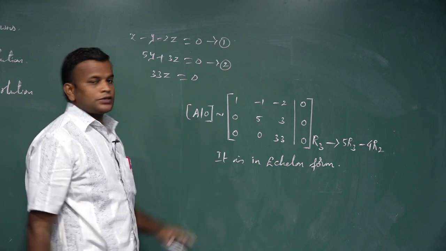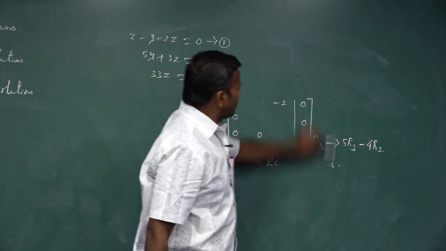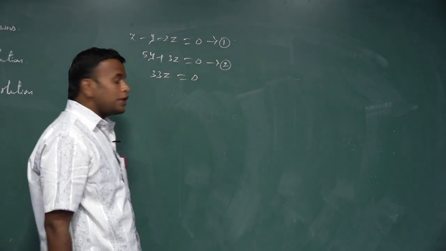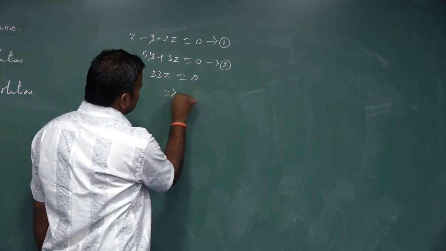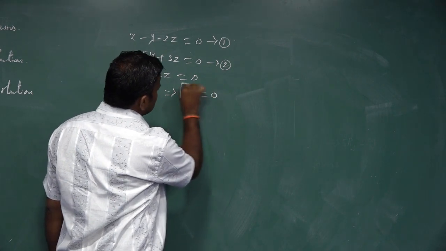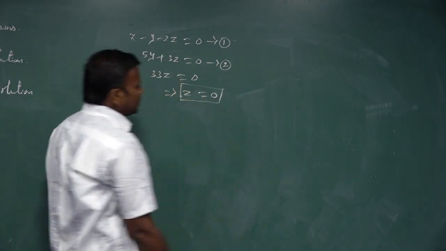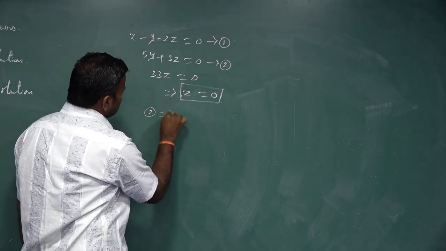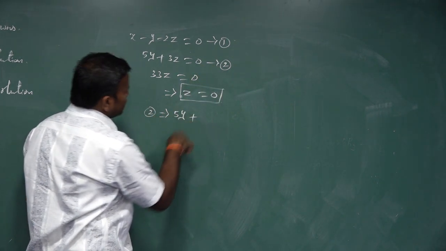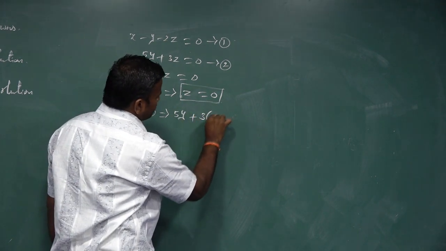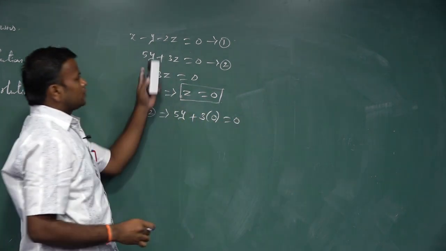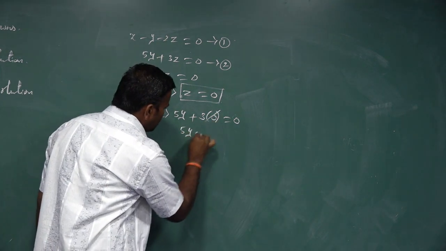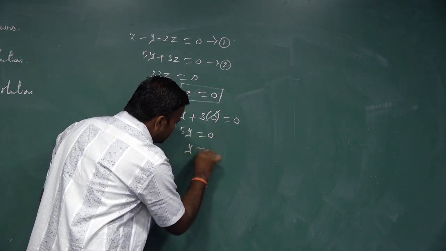Okay, we have framed the equations. You see directly the value of z is there. 33z is equal to 0 means what about z? The value of z is 0. Next, we use the value of z in the second equation. So 5y plus 3 times the value of z, which is 0, gives 5y is 0.